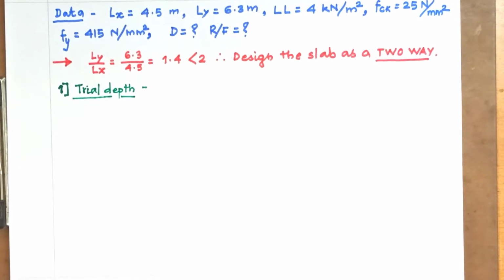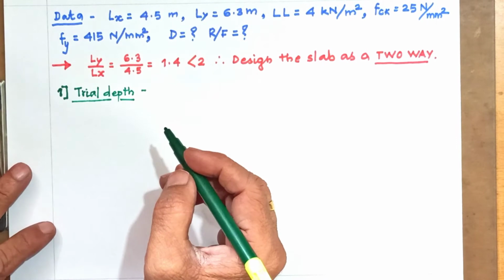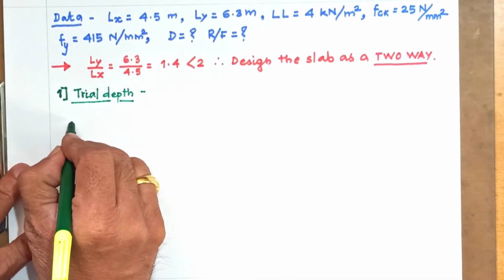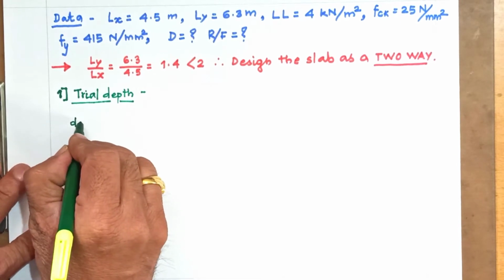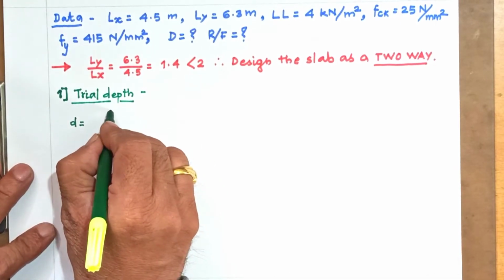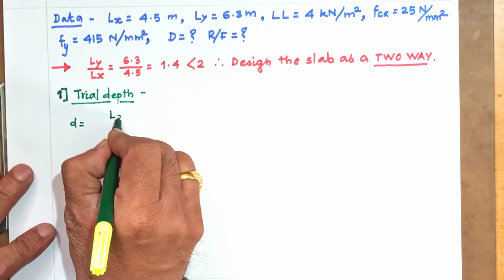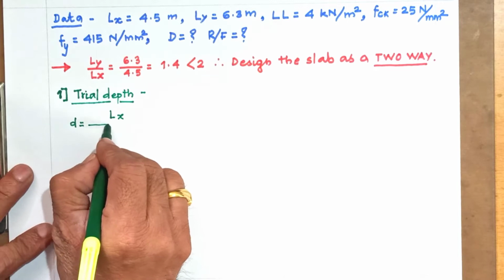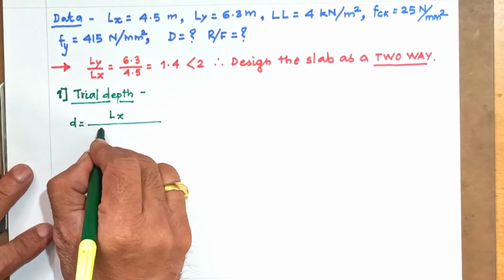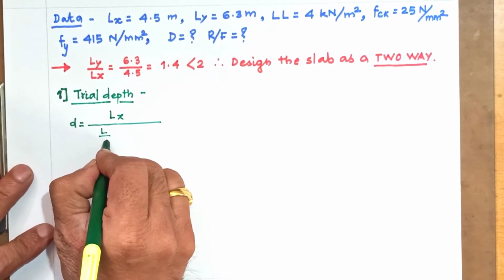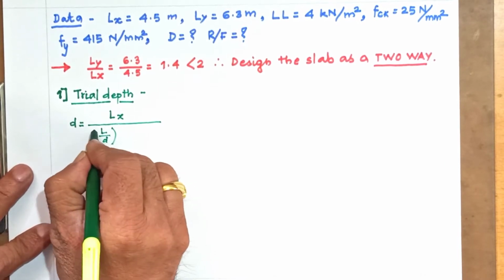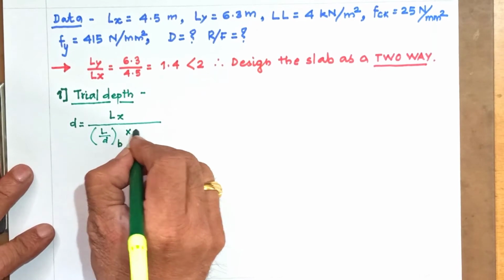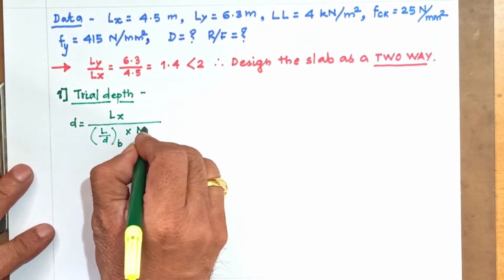Okay? Now, what is trial depth D? Trial depth D is equal to span, which should be taken as shorter span Lx, upon basic L by D ratio, into modification factor.